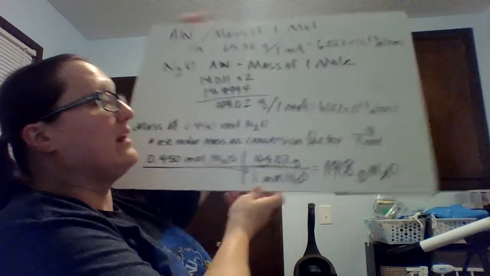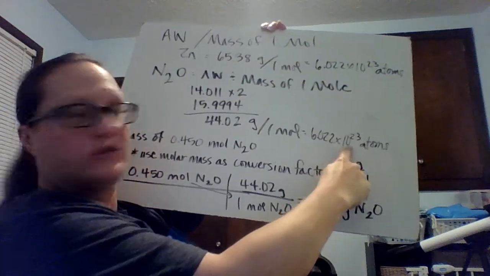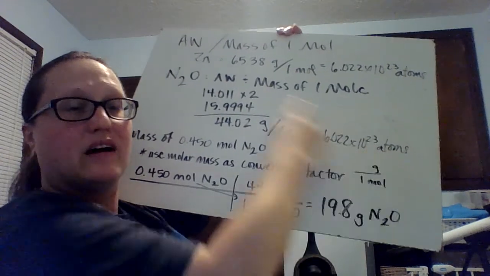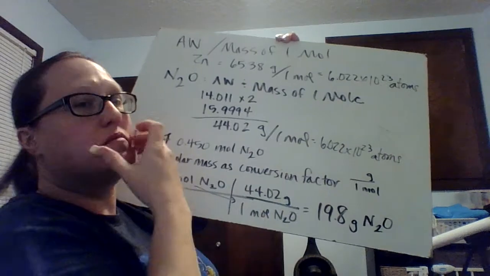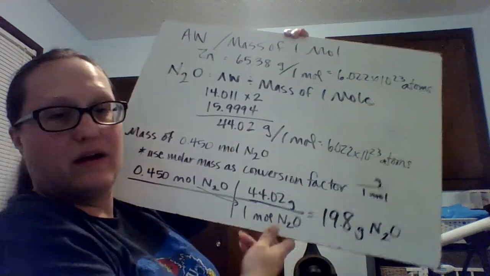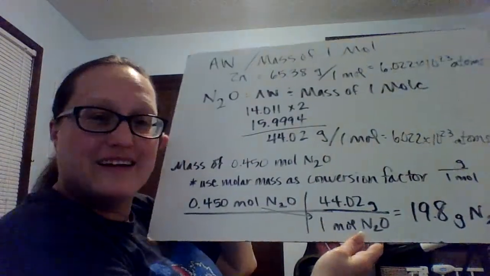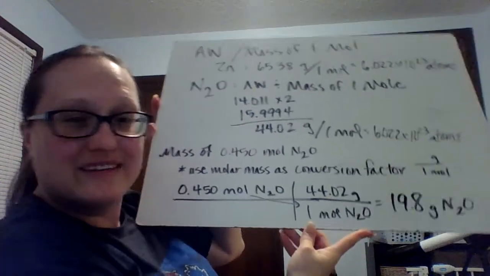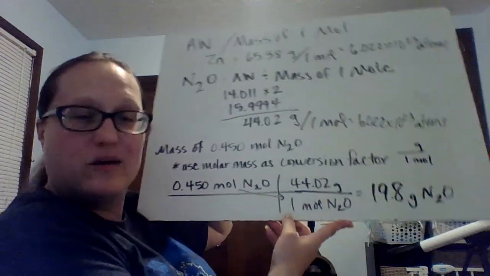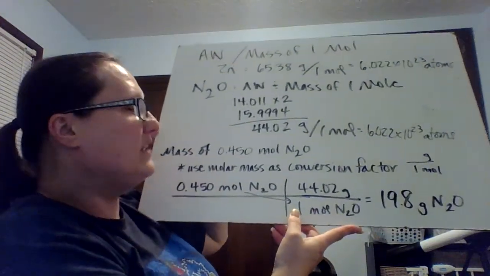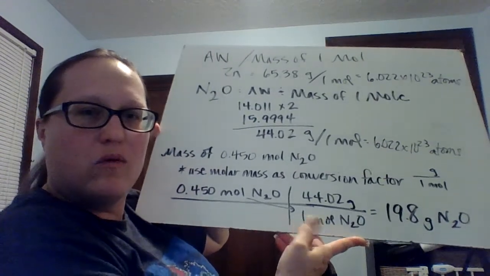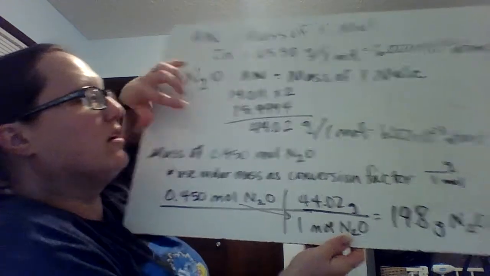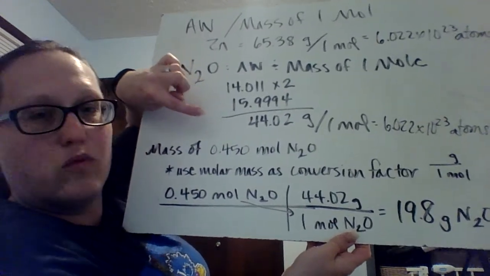So that again just tells me if I had 6.022 times 10 to the 23rd atoms of dinitrogen monoxide, which is what that is, it would weigh this much. It would be that much on a balance. Now, the cool thing is, like I said, we can do basic dimensional analysis. This is what stoichiometry is. If I said that I had 0.450 moles of N2O, well, I know looking up here that that's the mass of 1 mole.